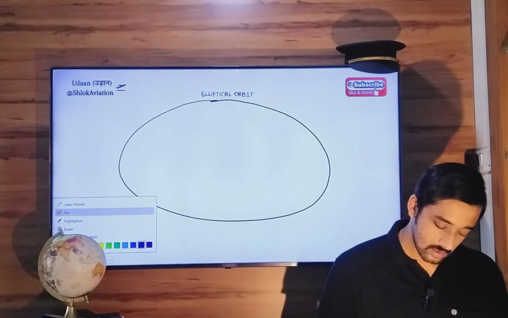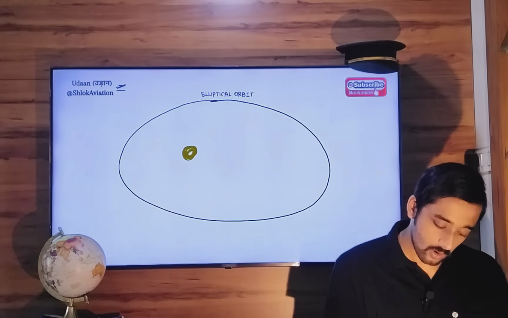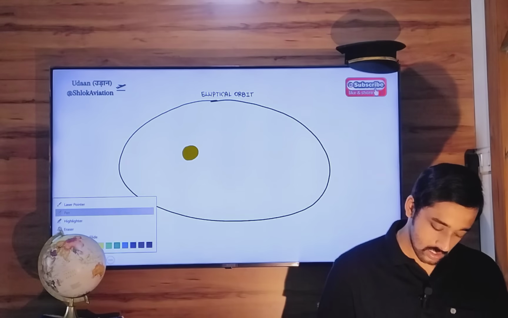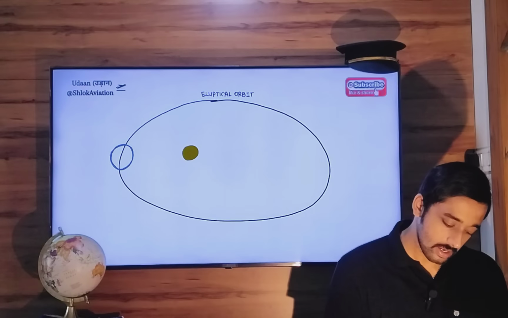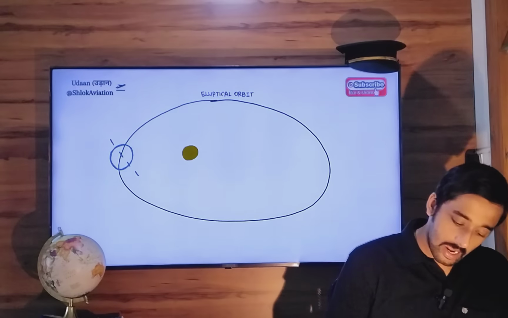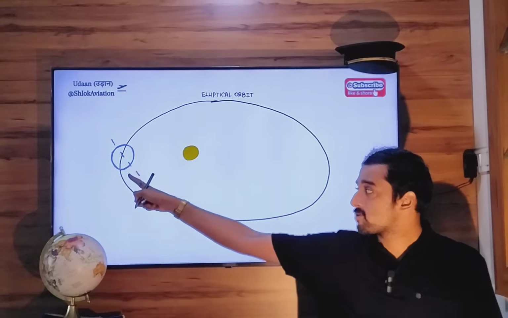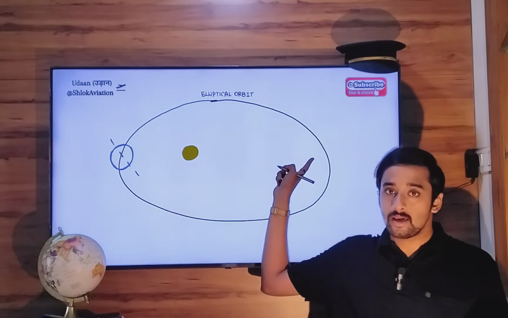Let's say here is the Sun situated at one of the foci, and here is the Earth. Now you can see at this position, the Earth is the closest to the Sun. When the Earth revolves around the Sun following this orbit, at some point of time it will end up here.